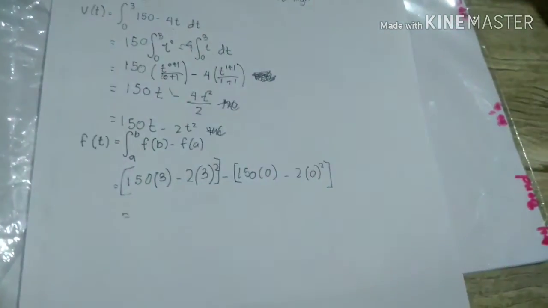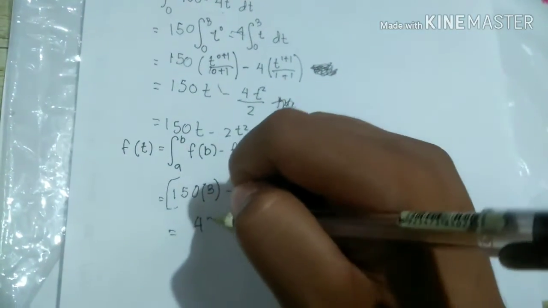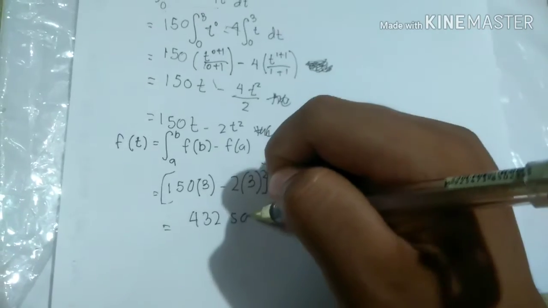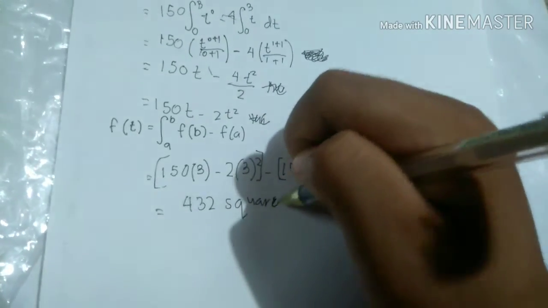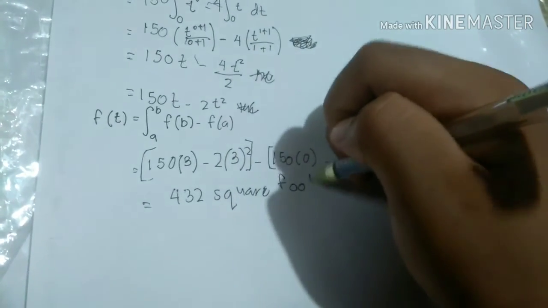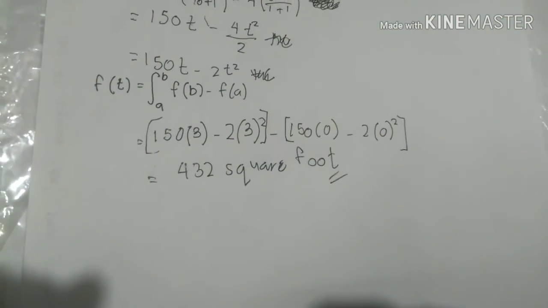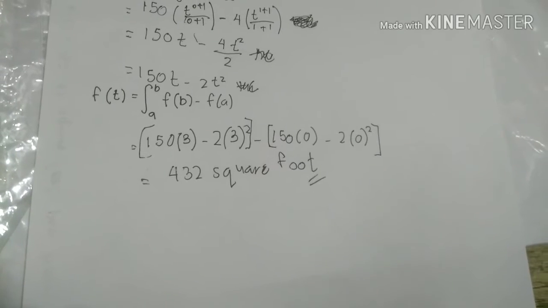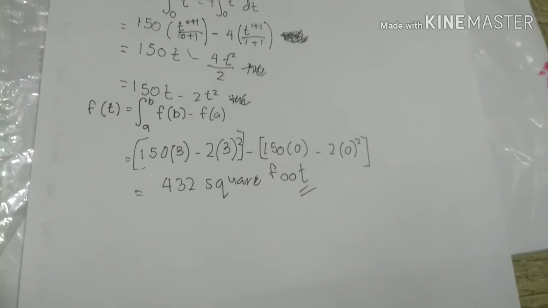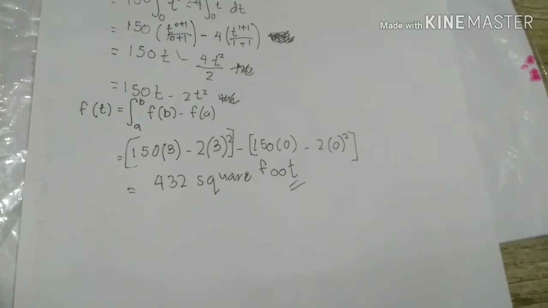So the answer is 432 square feet. So that is the total square feet Sonia can finish in just 3 hours.